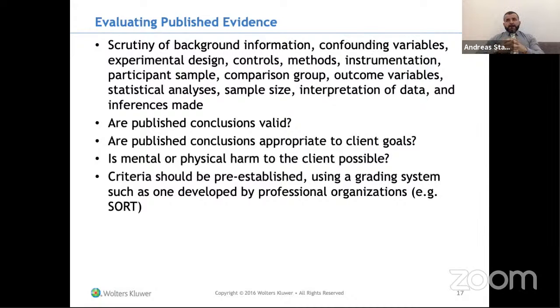So when you are finding a paper, of course you start by reading the abstract. But then as you become more experienced, you will be in a position to also value the quality of the evidence, not only for your specific question, but also in general. You can say, this research is not so high quality because of this, this, and this, or this paper, oh my God, look what they did, right?